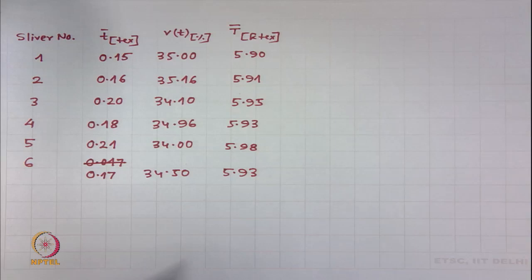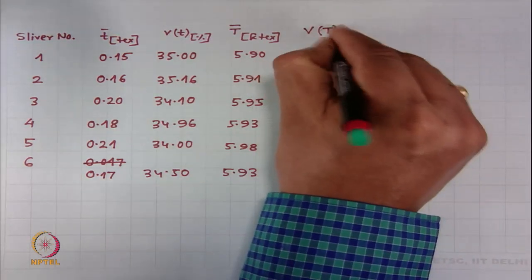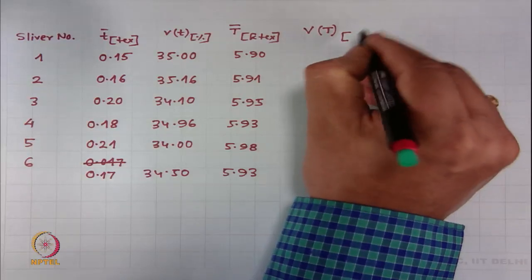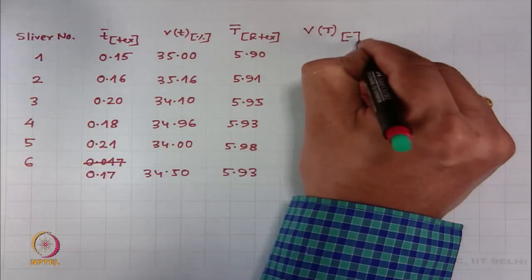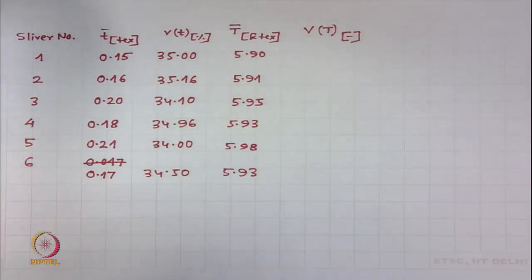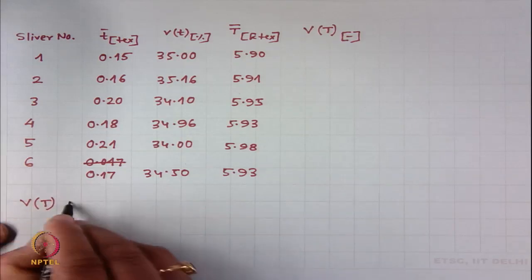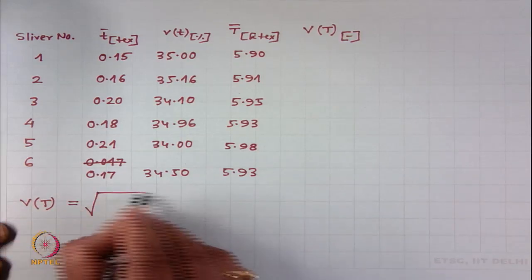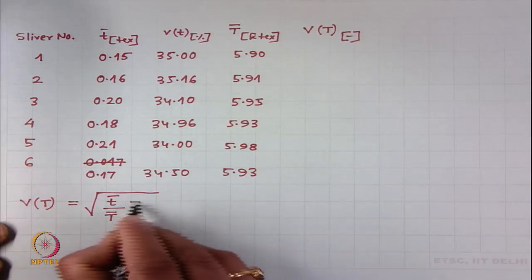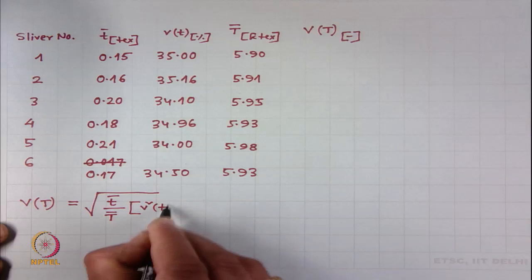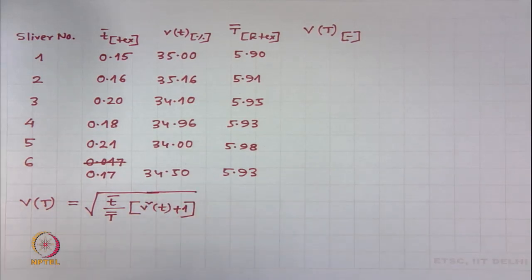So, we have to first find out this mean dimensionless using Martinelli's formula. What is Martinelli's formula? Right.